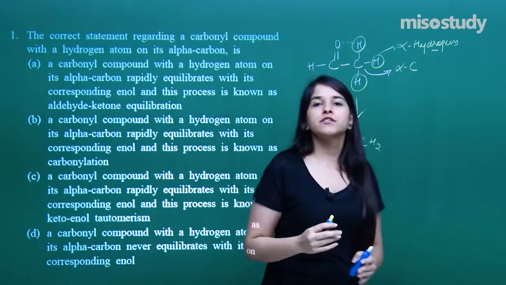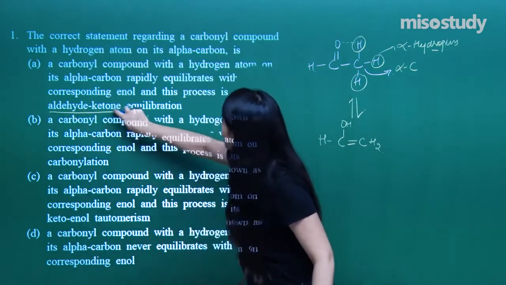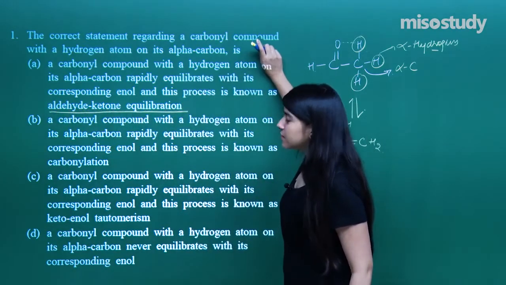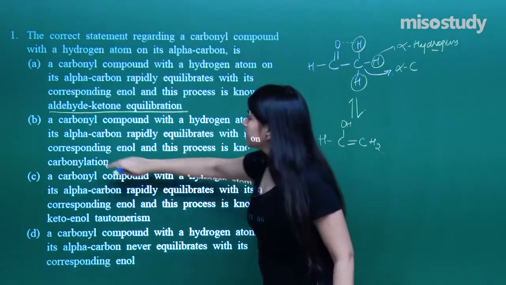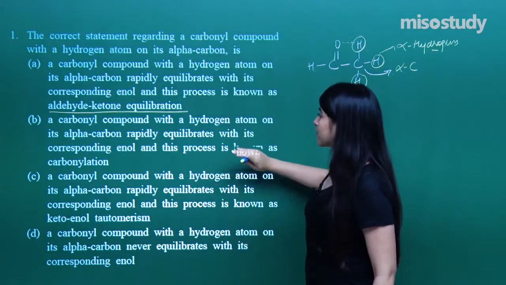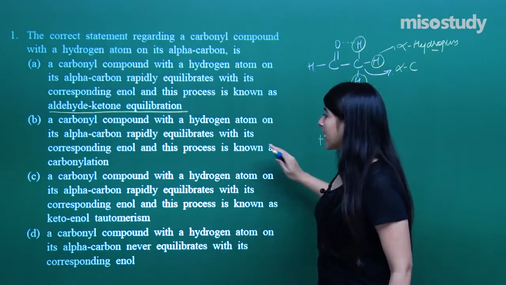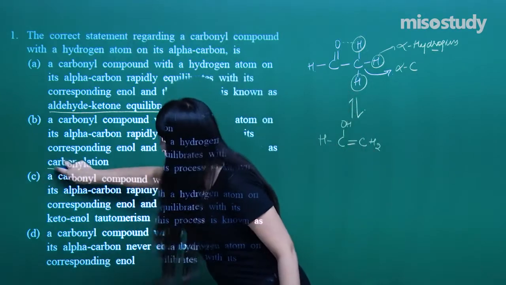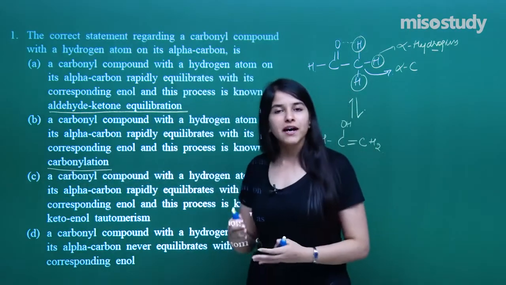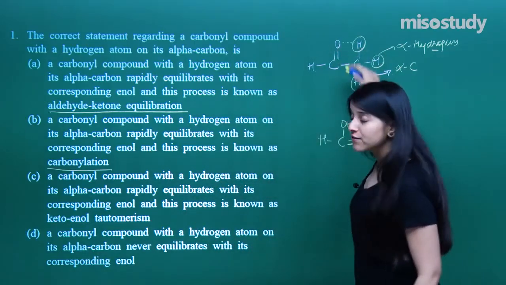So is this process known as aldehyde ketone equilibration? Or a carbonyl compound with a hydrogen atom on its alpha carbon rapidly equilibrates with its corresponding enol, and the process is known as carbonylation. So they are actually asking about the name of the process that we have done over here.